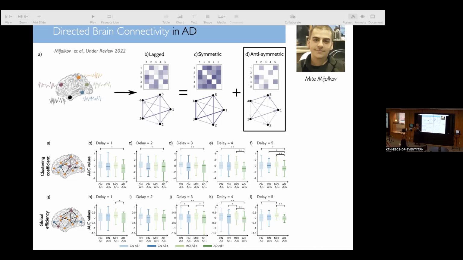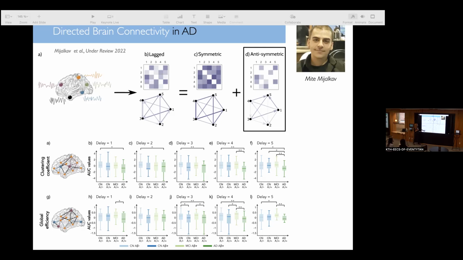Mita, what he did is that he assessed the relationship between the activity between different regions after a certain delay, because that delay exists in real data, right? So he defined the delay according to the repetition time and assessed it after 2 seconds, 4 seconds, 6 seconds, and so forth. And he also combined it with the graph theory measures, the clustering and the efficiency, which is a measure that is closely associated with the paths.